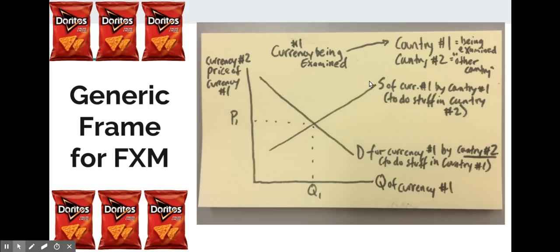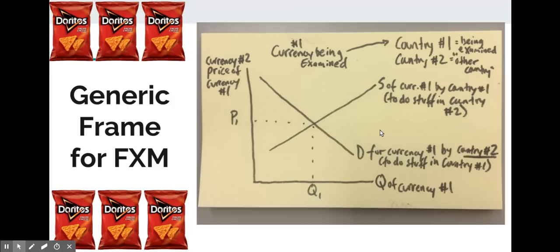They would supply more of their own currency if they want to do stuff in country number two, or supply less of their own currency if they want to do less stuff in country number two.